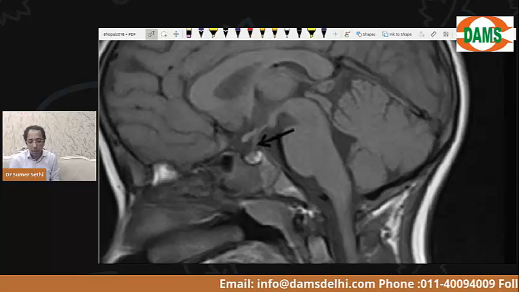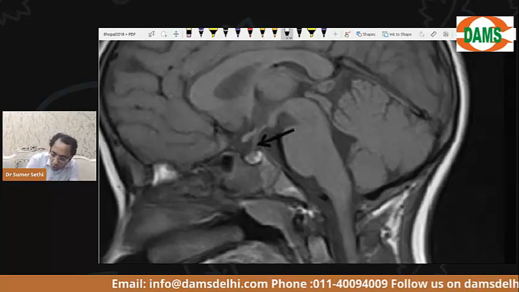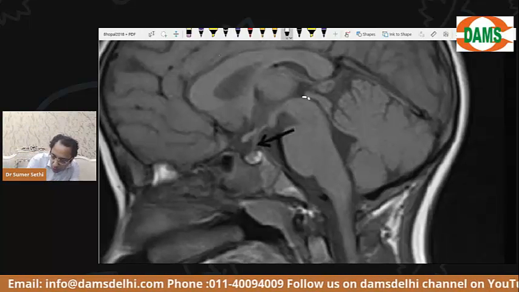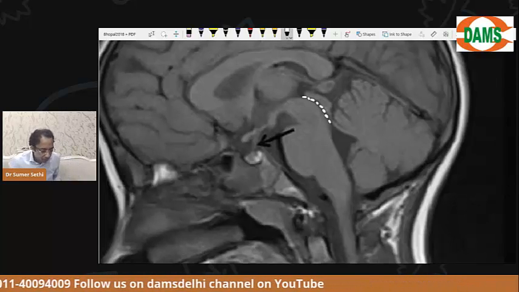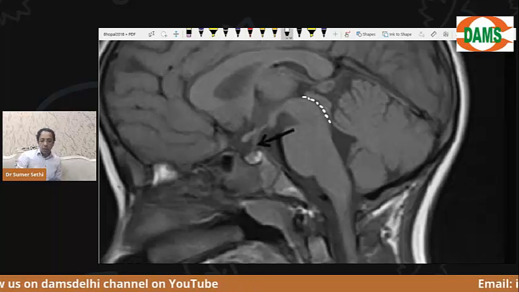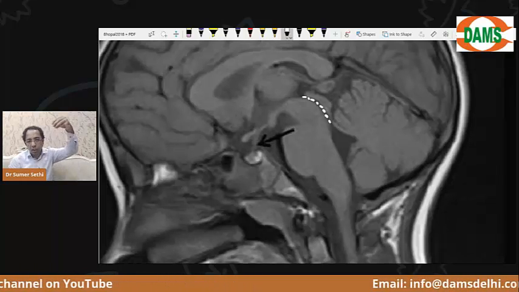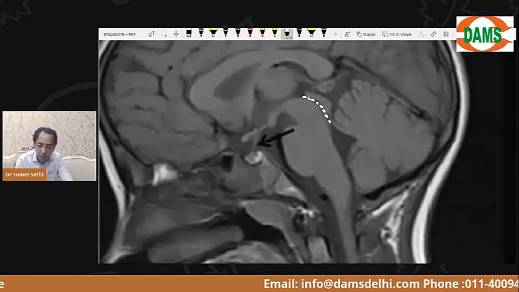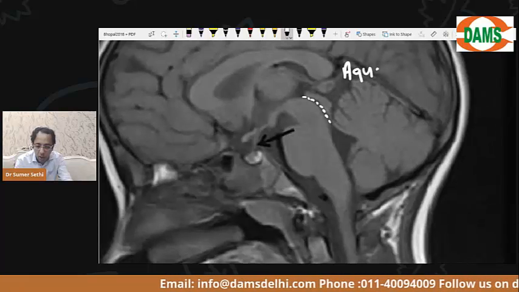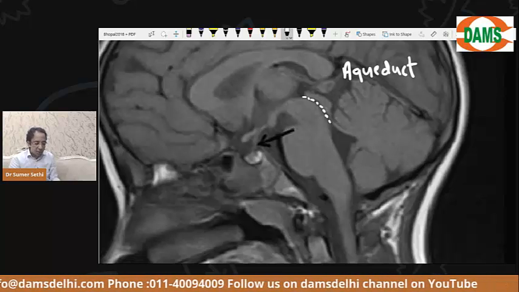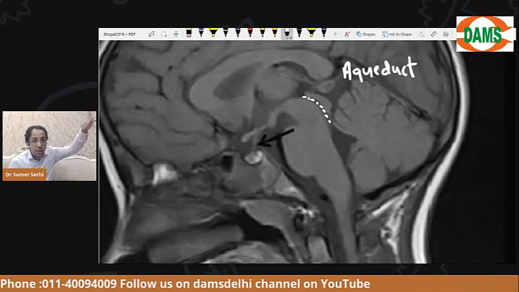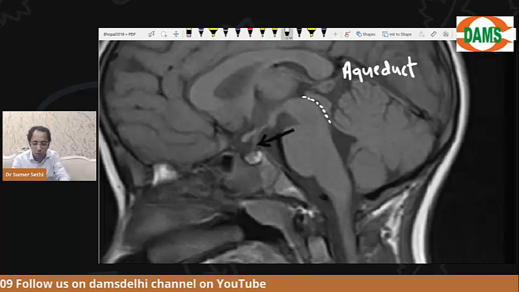Now I want you to see with me through the midbrain. Can you see a thin CSF duct passing by? Through the midbrain, a thin duct of water is passing by. That is called the aqueduct of Sylvius. This aqueduct of Sylvius connects the third ventricle to the fourth ventricle.